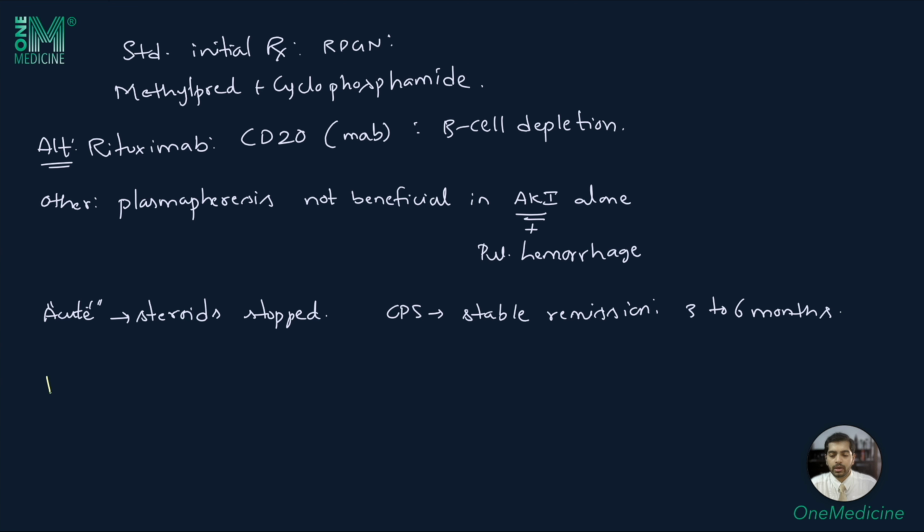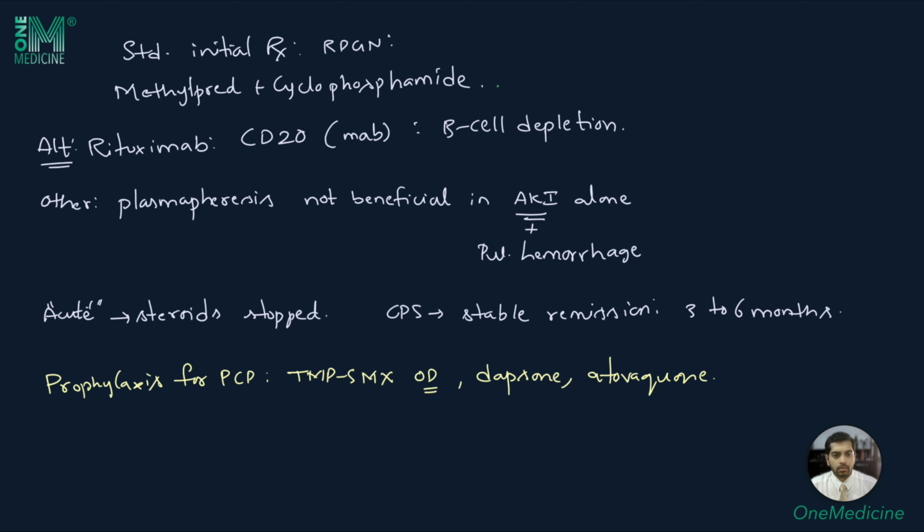These patients on treatment should require prophylaxis for pneumocystis carinii pneumonia or pneumocystis jirovecii pneumonia. This is given as trimethoprim sulfamethoxazole once daily. Other alternatives for prophylaxis include dapsone or even atovaquone. Most of these patients will require long-term immunosuppression, which is given by oral medications.